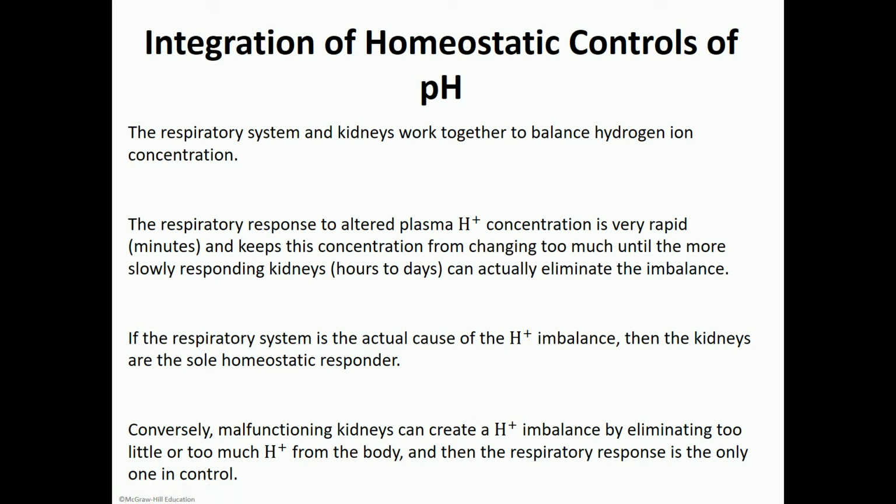But again, if the cause is due to respiratory disease, then the kidney would have to compensate. And vice versa is true. If the cause of the pH imbalance is due to kidney disease, it would be up to the respiratory system and the lungs to maintain pH balance.